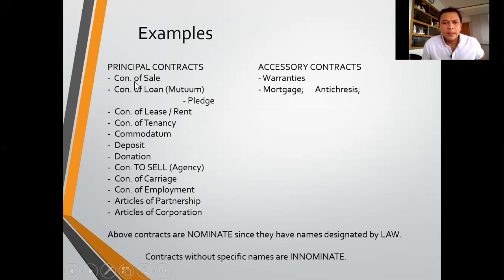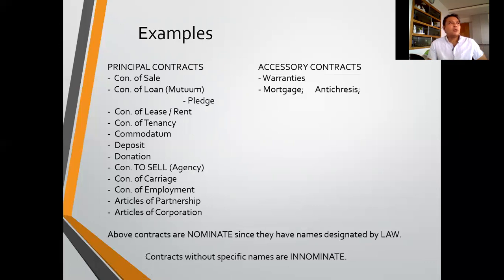So here are the kinds of principal contracts: contract of sale, and the accessories are warranties. It could be warranty for defective product, or warranty for ejectment.